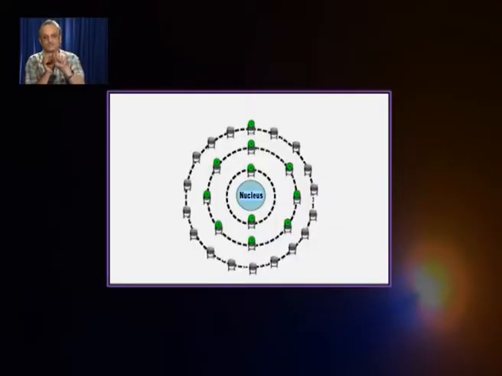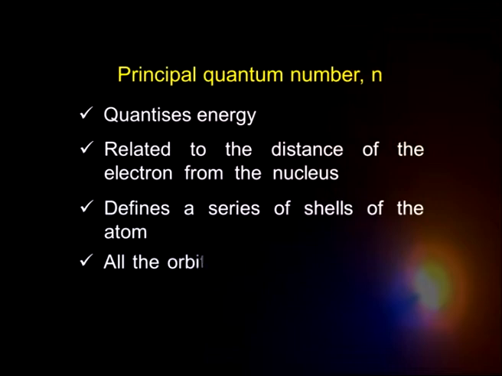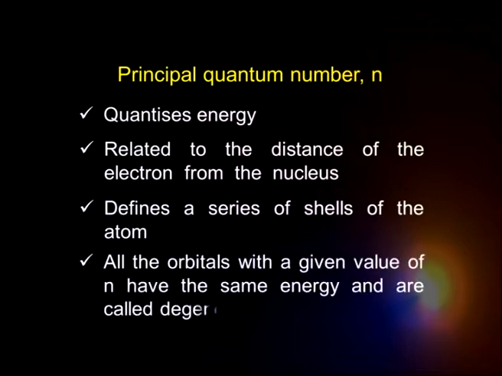So in case of an atom, we have a nucleus, there are different shells, and these shells are defined by the principal quantum number. So n is equal to 3 means I am talking about a third shell outside the nucleus. And all the subshells, which we will come to when we talk about the quantum number L, will have the same energy, and they are called degenerate.